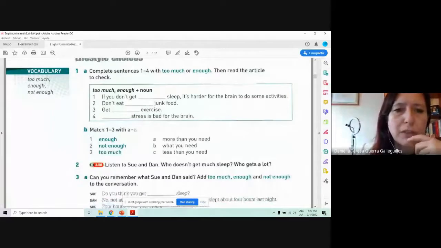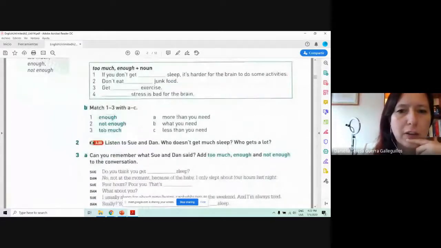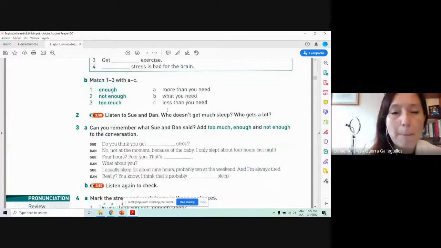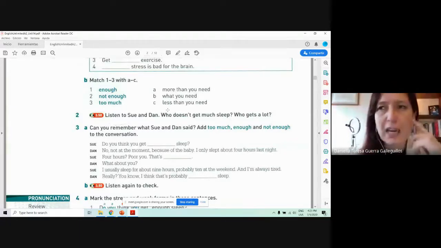Very good. Let's match. In what situations do we use enough? A, B, or C? Enough means more than you need, what you need, or less than you need. What do you think?